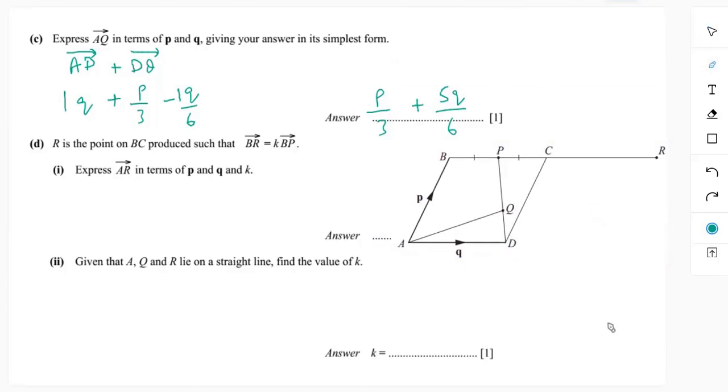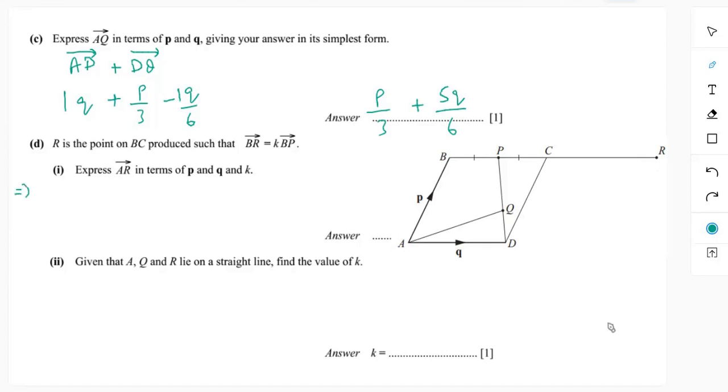Okay, now R is the point on BC, so this is the line BC. When it's produced further, you get this point R here on the other side. And you're given BR is equal to K times BP. You have to express AR in terms of P and Q and K. So basically, you have to start at A and you end at R. How can we represent AR?